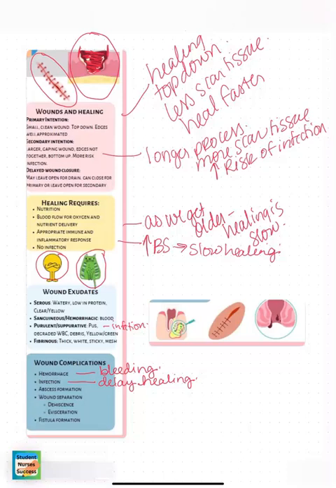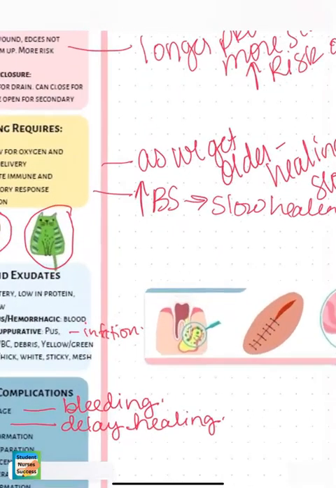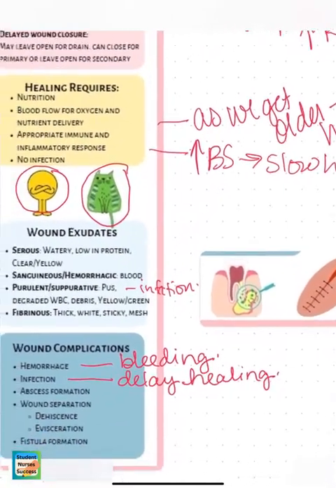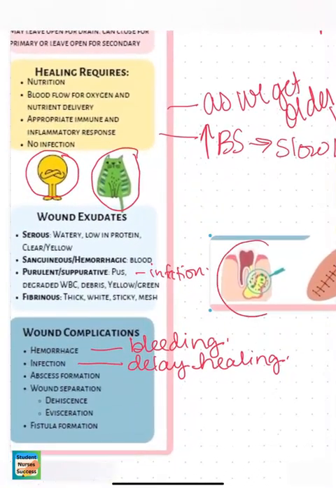We also know there's something called an abscess formation. And so let's bring this guy a little bit bigger here. This right here is an example of an abscess. So down here, and this is a tooth, so you can get an abscess anywhere, but a tooth abscess is usually a pretty common one to talk about. So what you got here is this yellow infectious pus, and it's made a pocket of infection right there, and that is an abscess.